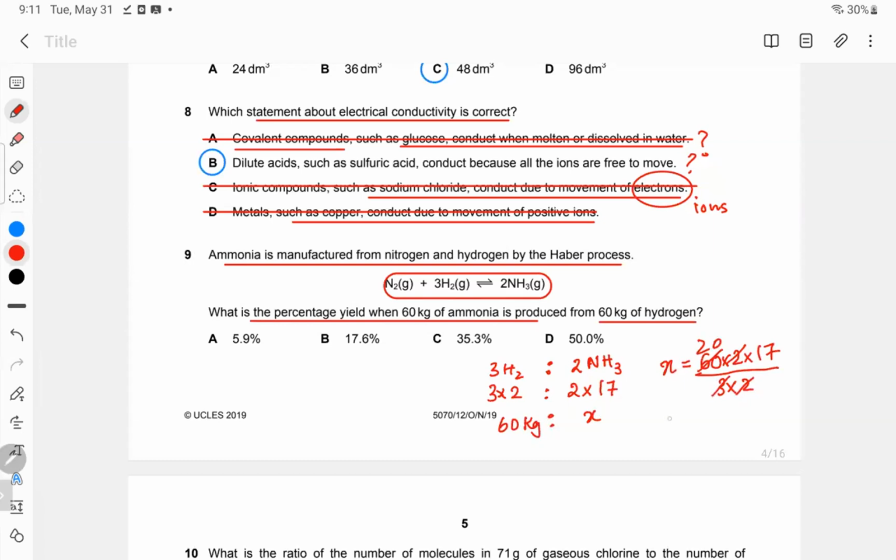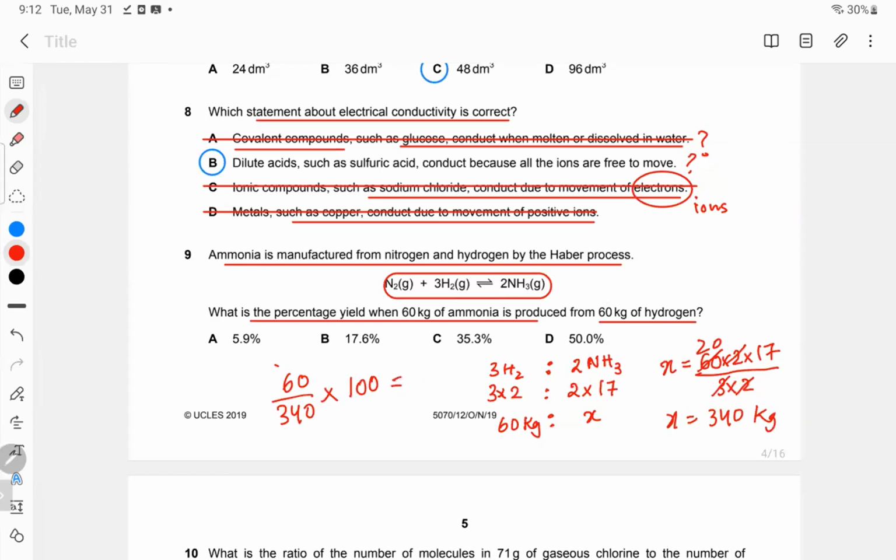17 twos are 34. So 20 times 17 is 340. So 340 kg must be produced, not grams, sorry. Now I will calculate the percentage yield by 60 divided by 340 times 100.